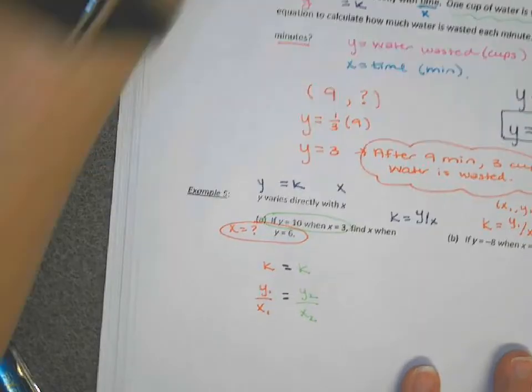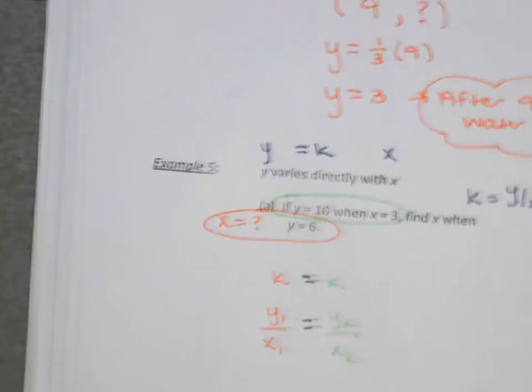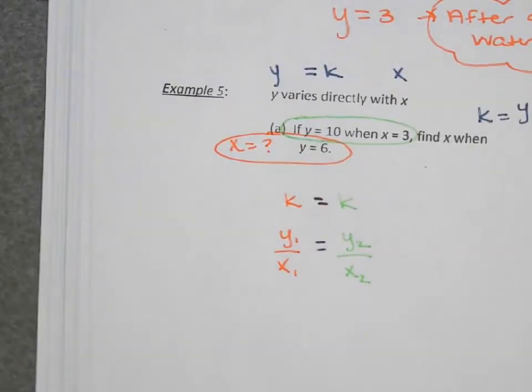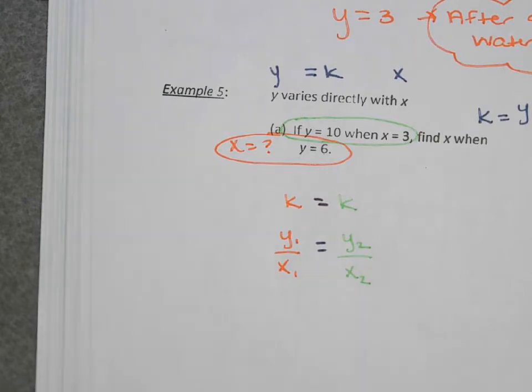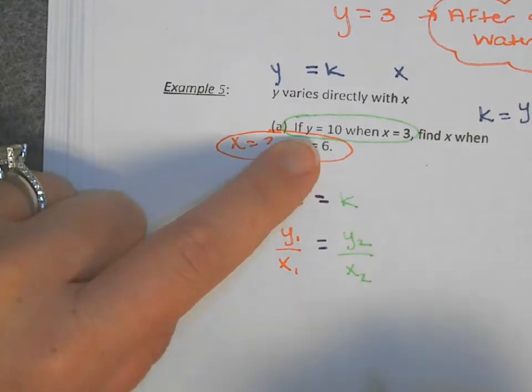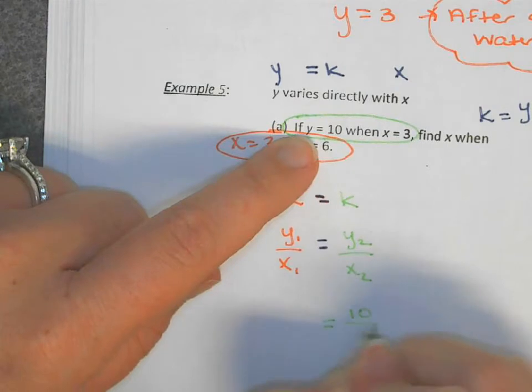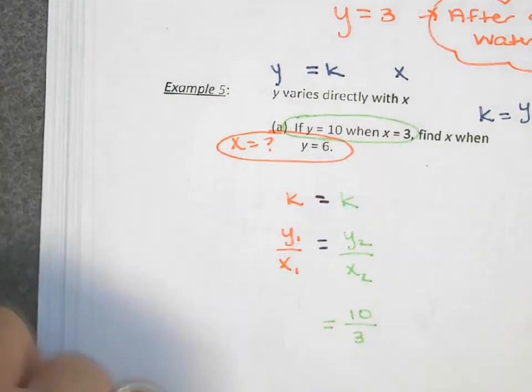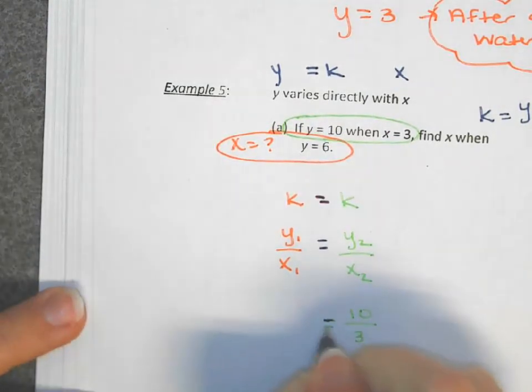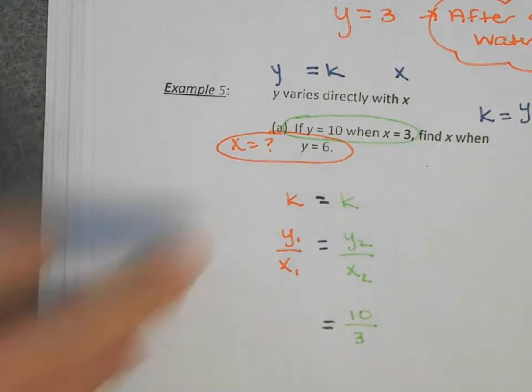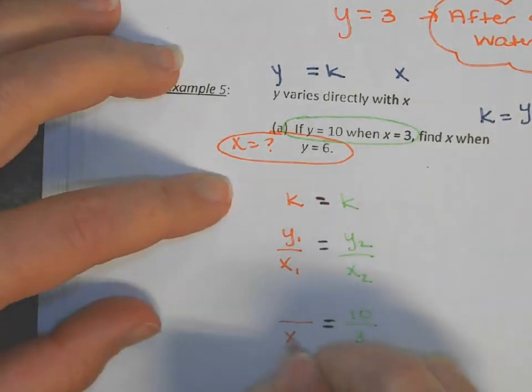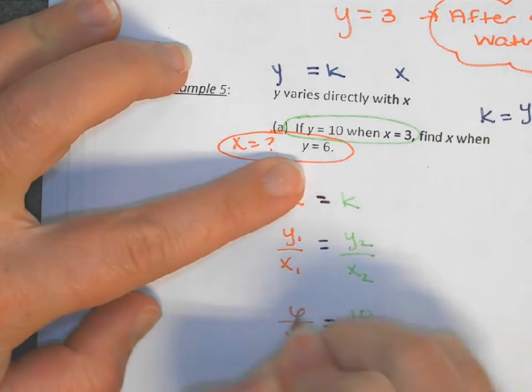So the setup here is y1 over x1 has to equal y2 over x2. And then we're going to fill in what we know. The green point here, our y value is 10 and our x value was 3. And for our orange point, the x value was unknown, but the y value was 6.